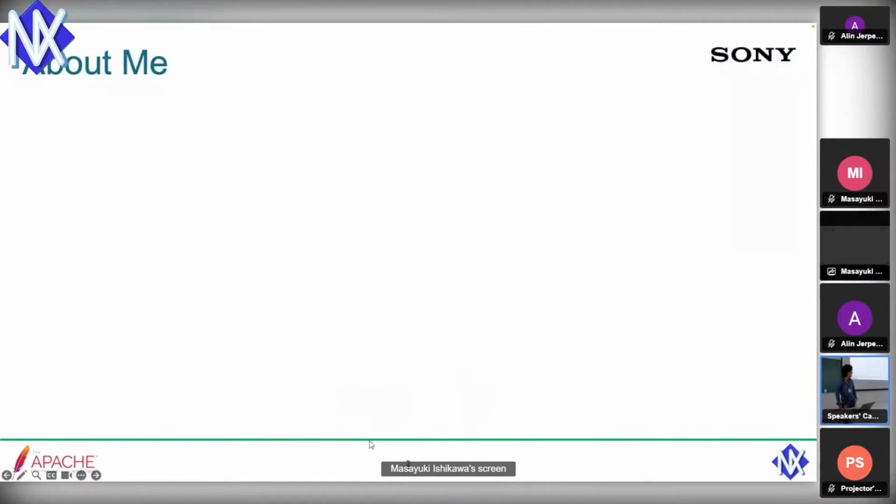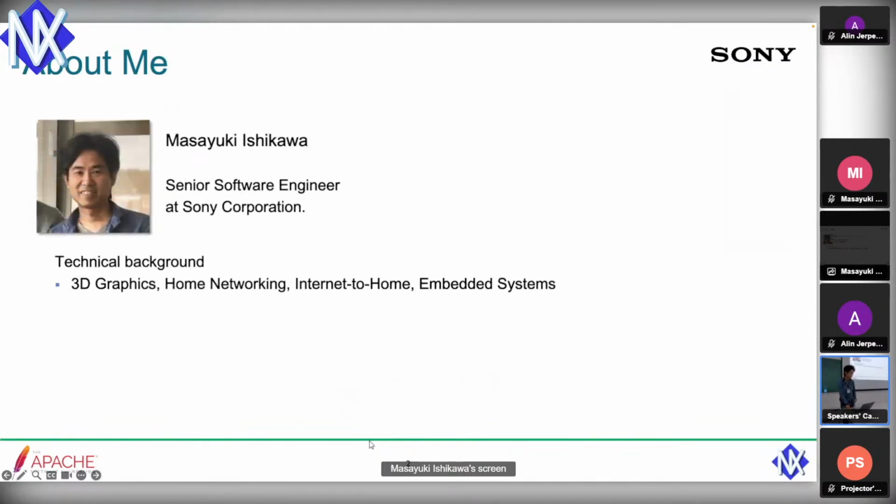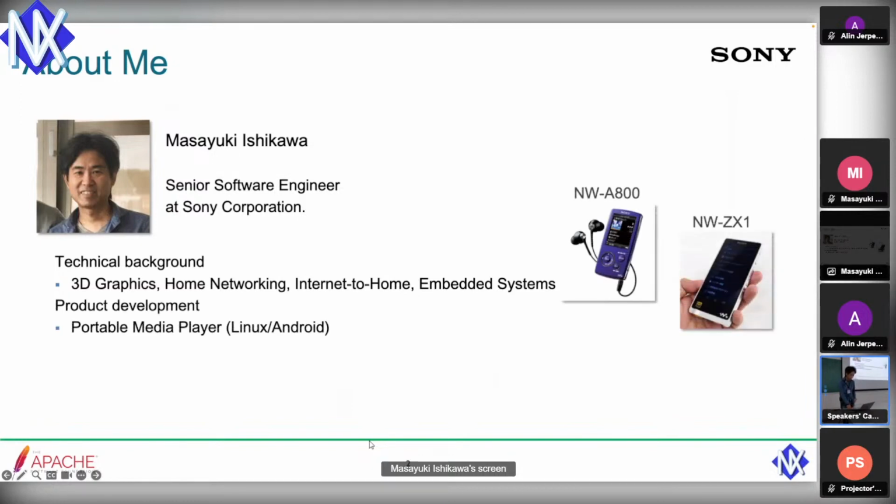And before starting my presentation, let me introduce my background. Actually, I have several technical backgrounds, including embedded systems. As you will see in this slide, I introduced Linux, Android, and NuttX to our audio products before.